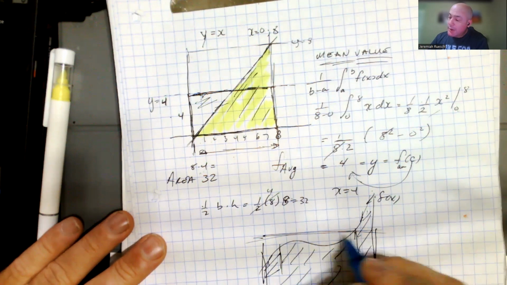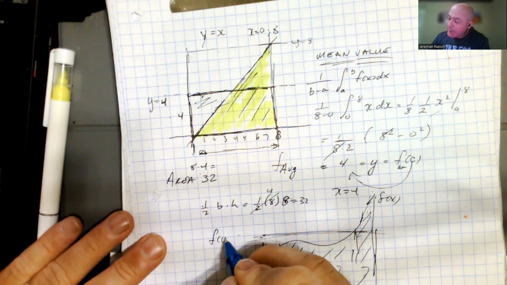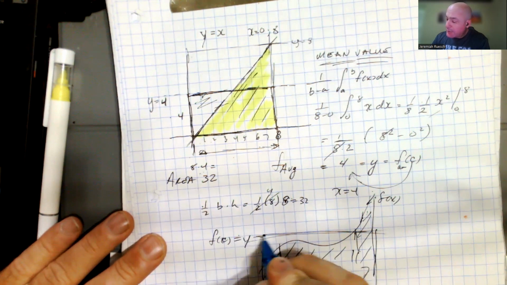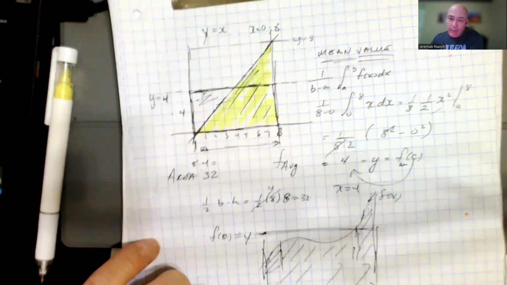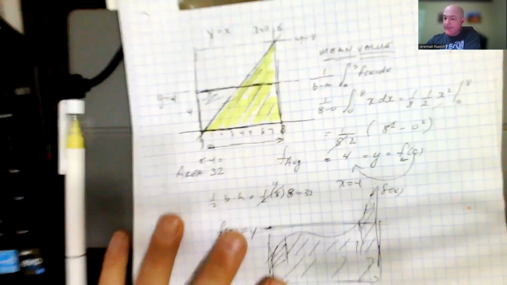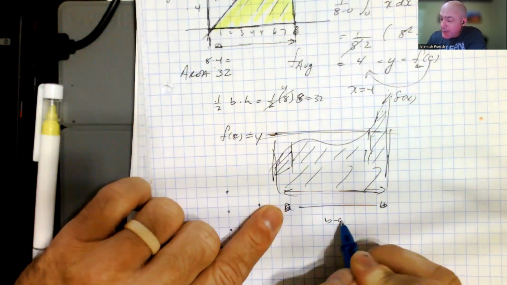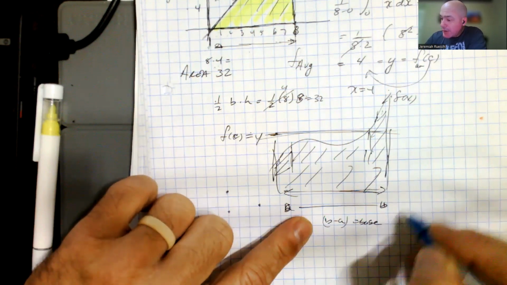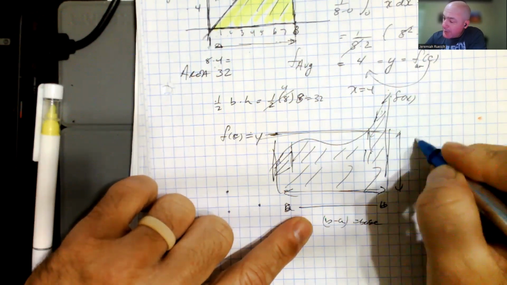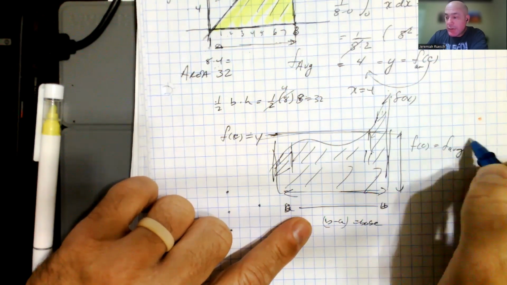This whole bounded area is equal to some value of f of c, which is y, times the length here. So in general, it's saying that this distance, b minus a, that's the base of the rectangle, times the height, which is f of c, is equal to the f average of the function.